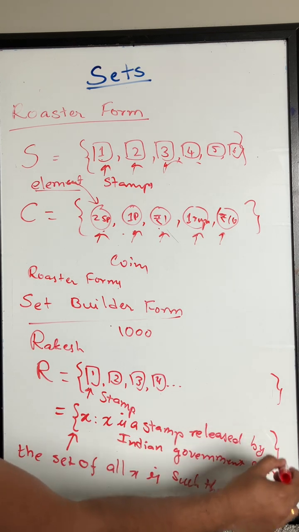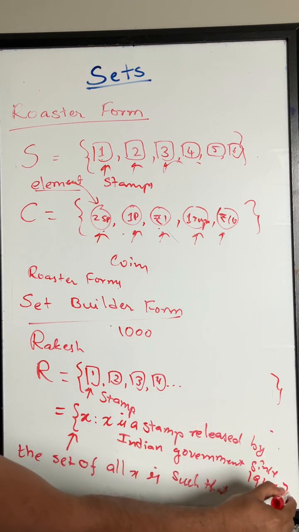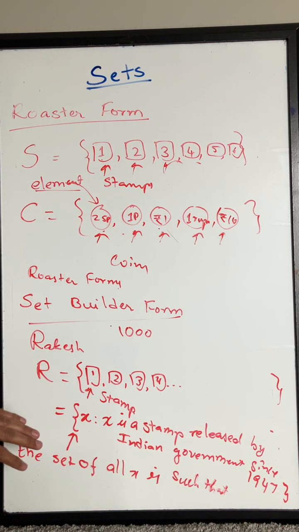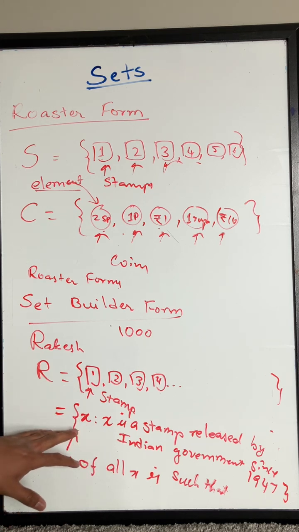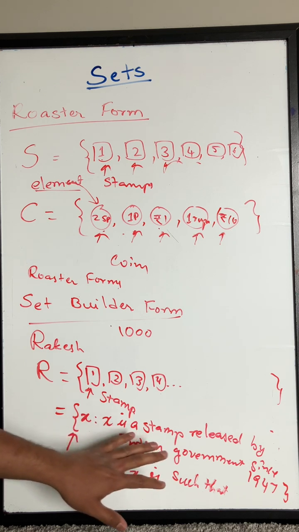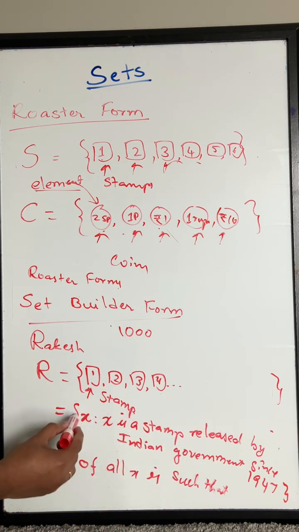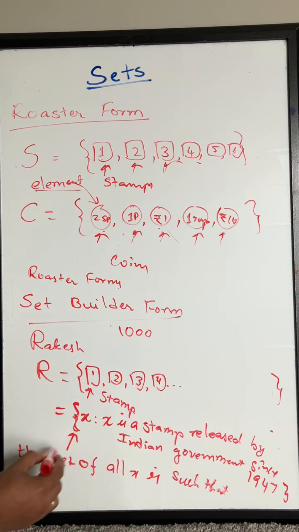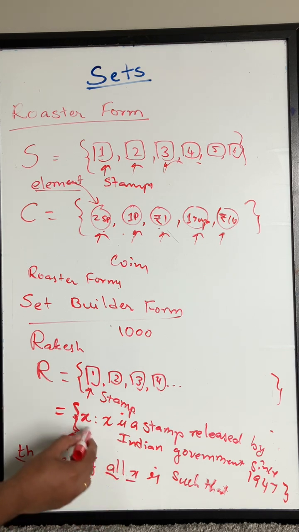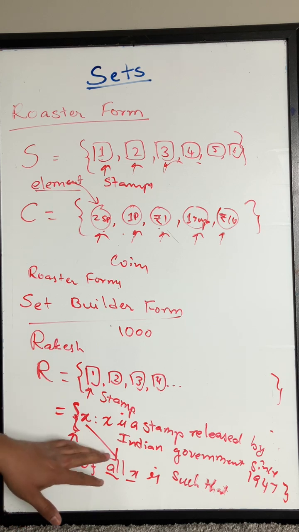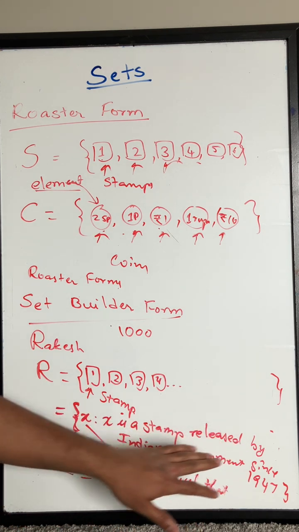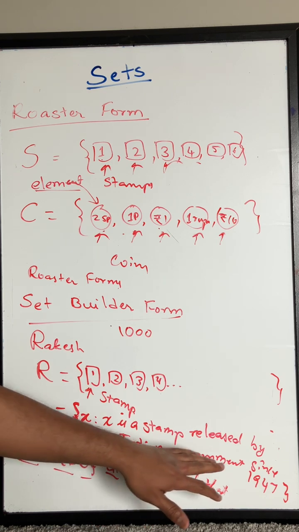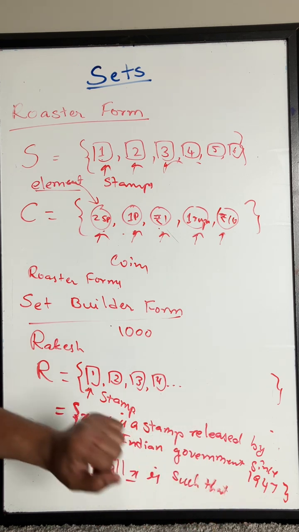I have to write curly brackets here. If you read the statement thoroughly, the way we have to read it is: this is the set of all x, such that x is a stamp released by Indian government since 1947.